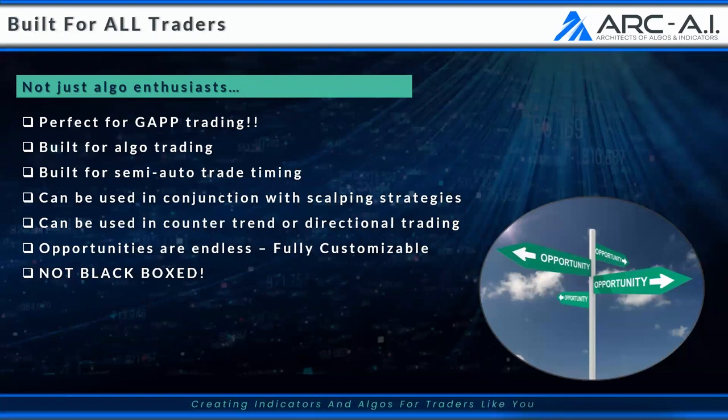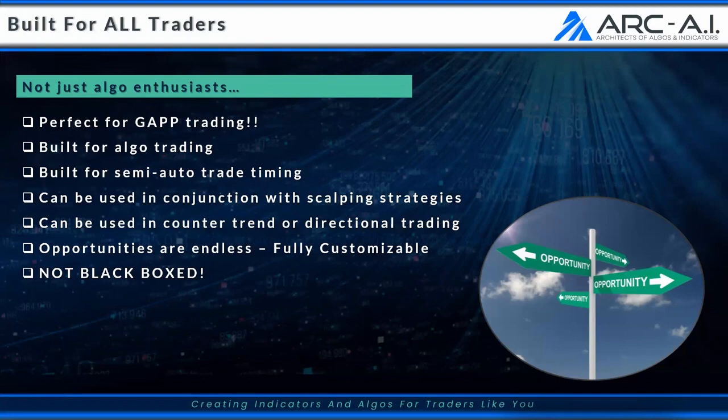But it's not just for algo traders. Say you don't want it completely automated. You want to be able to tell it when to go and when not to. All you have to do is say go long, go short, enable the algo. It's going to take the trade if the setup comes in. So you can now be the puppeteer, controlling what the algo is going to do.